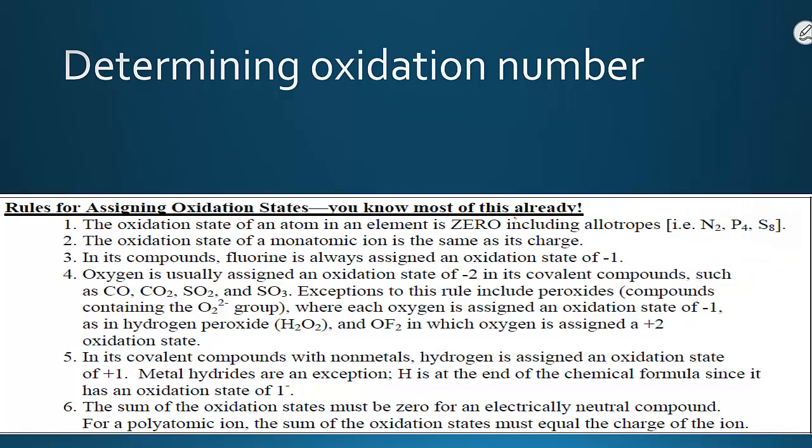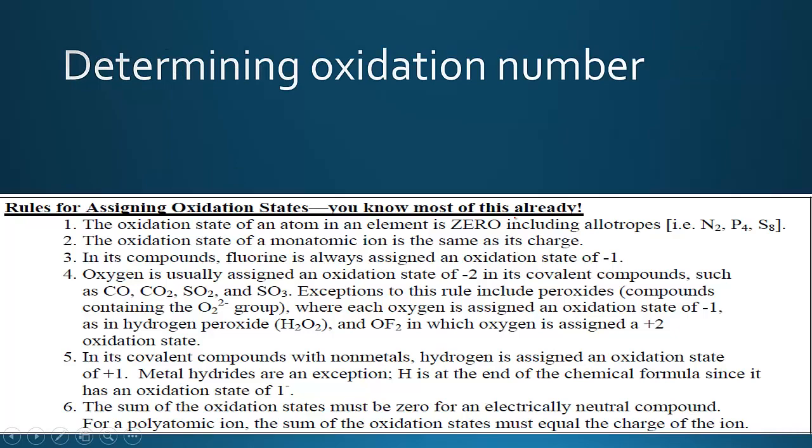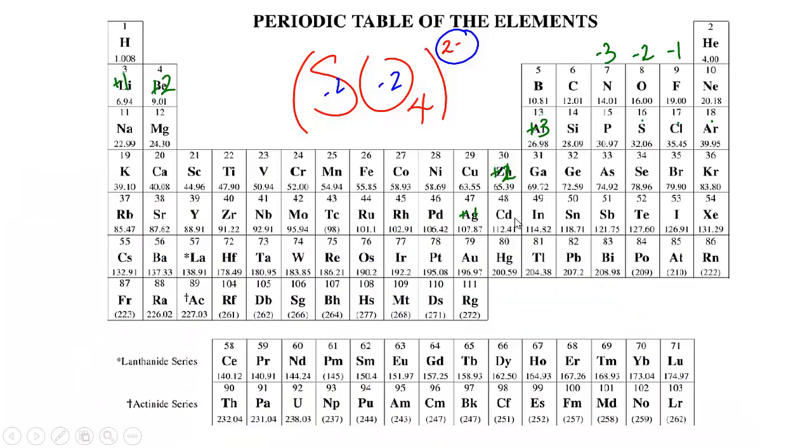So anything elemental has an oxidation state of 0. In exercise 12, we're asked the oxidation state of the atoms in various molecules. So for this first one, each chlorine atom, we are going to say, has an oxidation state of 0 because chlorine is elemental.